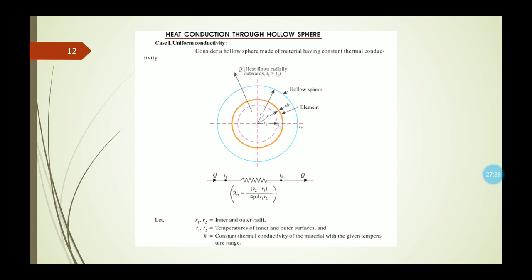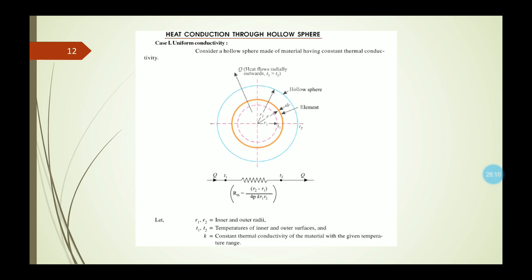Here you can see we have considered a hollow sphere made of material having constant thermal conductivity, with one infinitesimal thickness of dr. Heat is flowing radially outward from T1 to T2. The thermal resistance is R2 minus R1 divided by 4 pi K R1 R2, which we will find finally here.